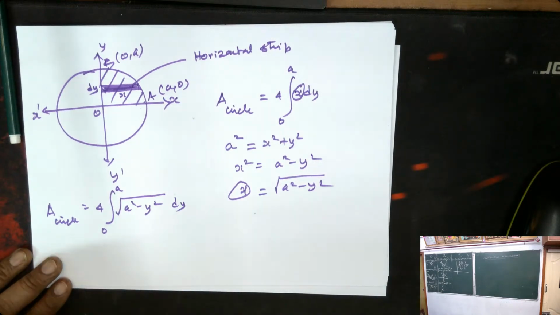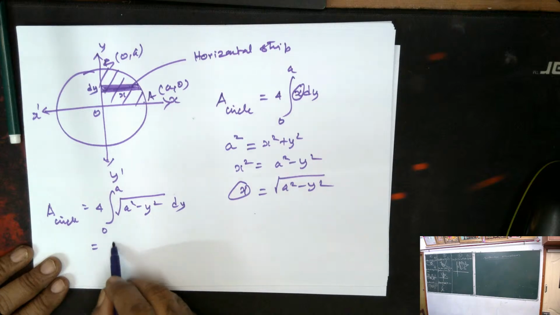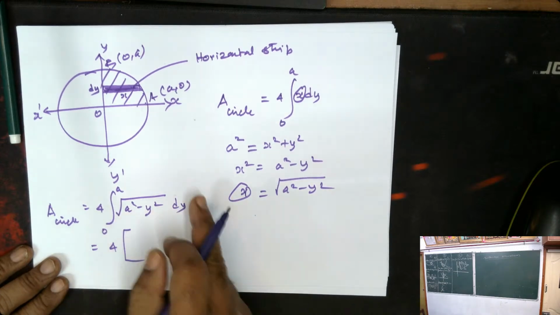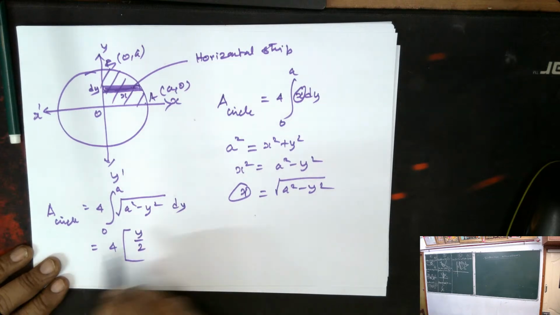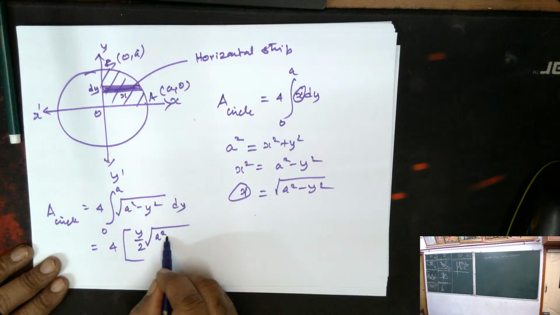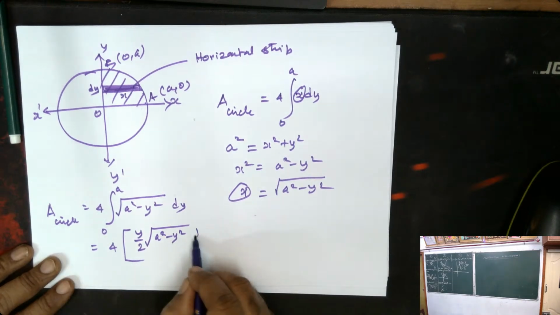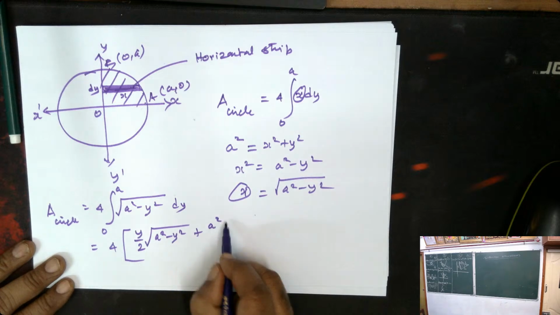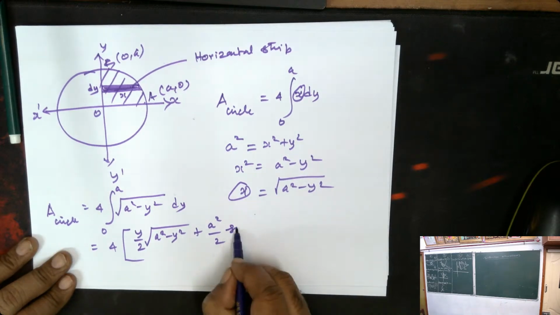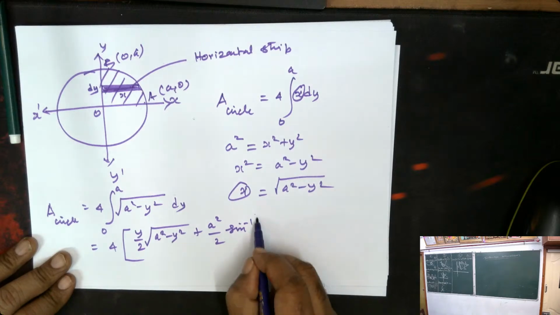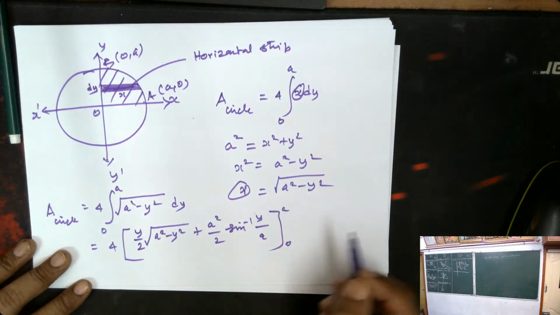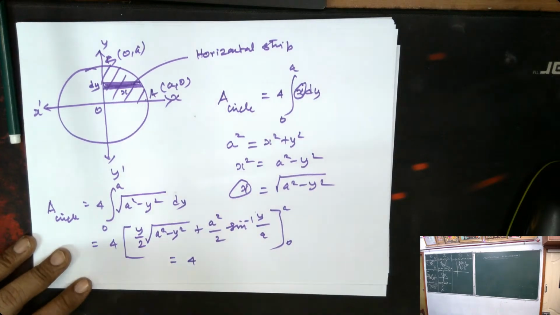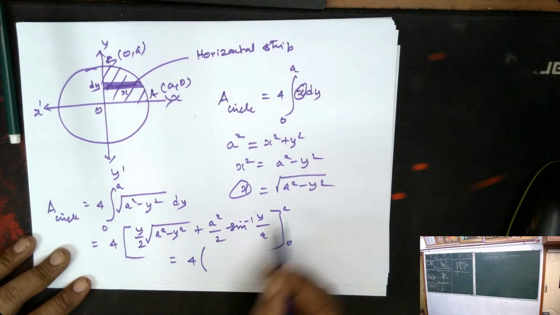Okay. Now let us apply the formula. 4 into, for the square root of a squared minus y squared, it is y by 2 into the square root of a squared minus y squared plus a squared by 2 into sine inverse of y by a, between the limits 0 and a. Therefore, 4 into, by substituting this, final minus initial.